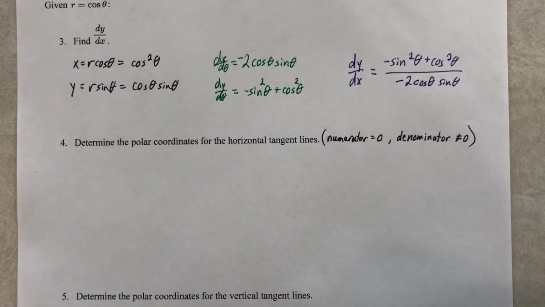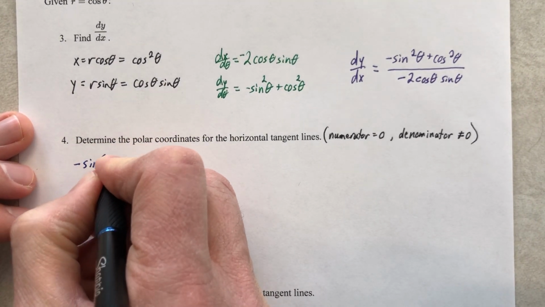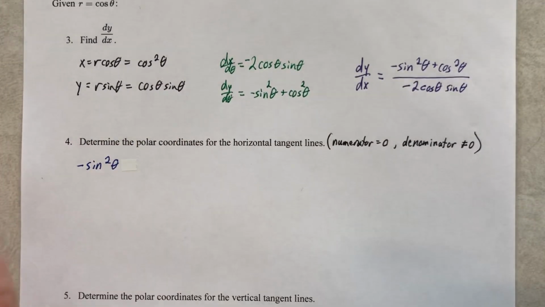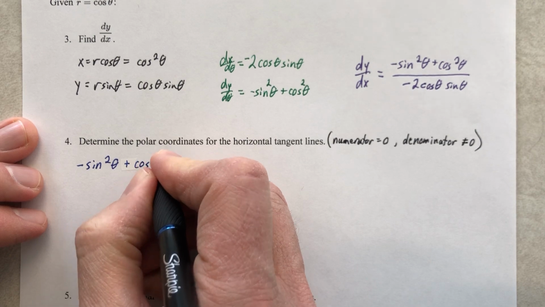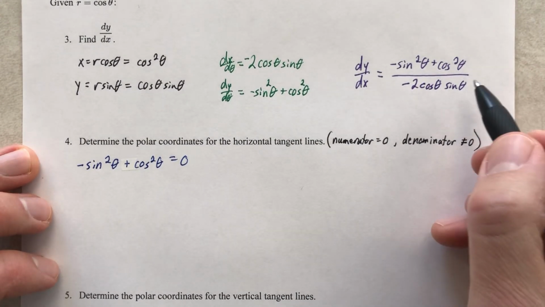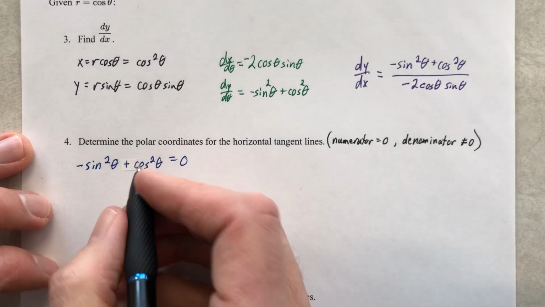Just saying. Okay. So let's go blue on this one. I want this numerator to equal 0. I could set the entire thing equal to 0 and multiply by the denominator and it would go away, right? But let's not.